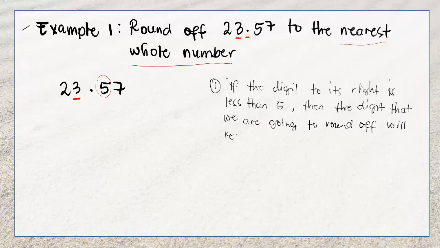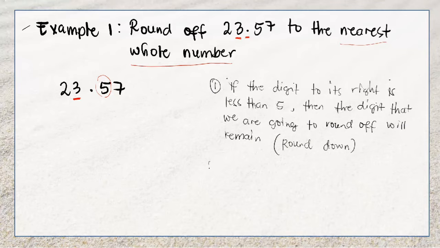Ibig sabihin, hindi siya magbabago. If the digit that we are going to round off will remain, then ito yung tinatawag natin na round down.